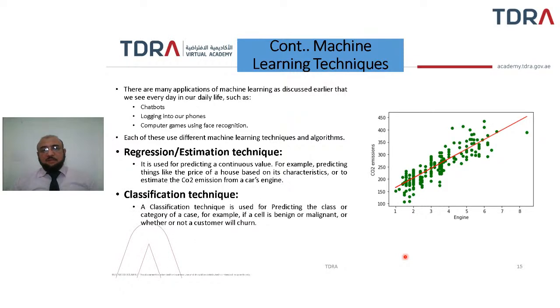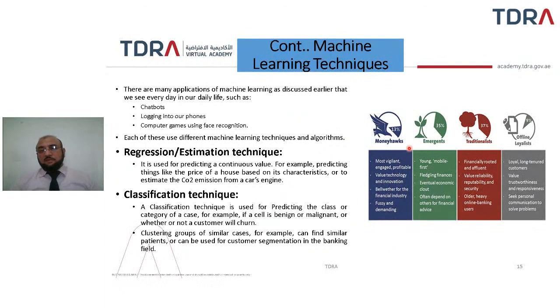Then there is the classification technique, used for predicting the class or category of a case. An example is whether a cell is a cancer cell, benign or malignant, or whether or not a customer will churn. Clustering groups similar cases, for example finding similar patients, and can be used for customer segmentation in the banking field.